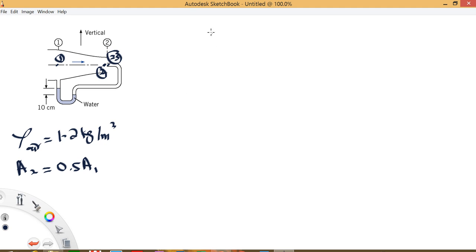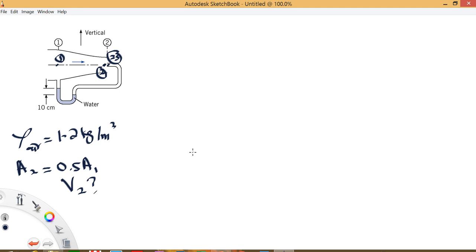So basically point 2s is the stagnation point. We want to find V2. So how do we find V2? If I apply Bernoulli equation to 1 and 2, I cannot get the answer because I have too many unknowns.